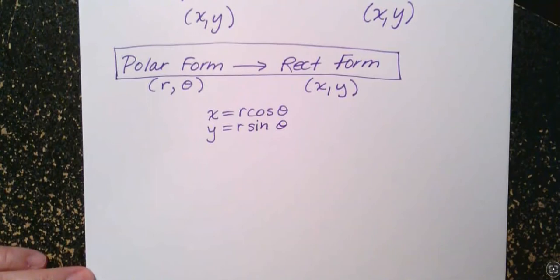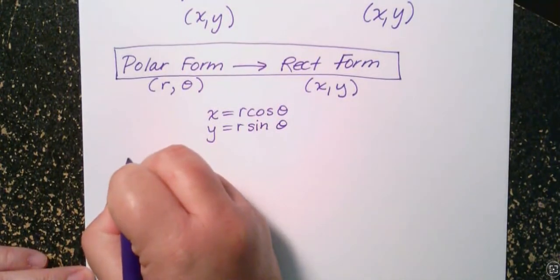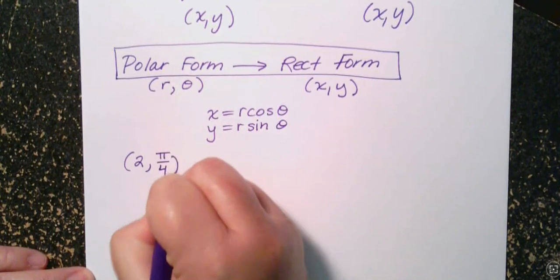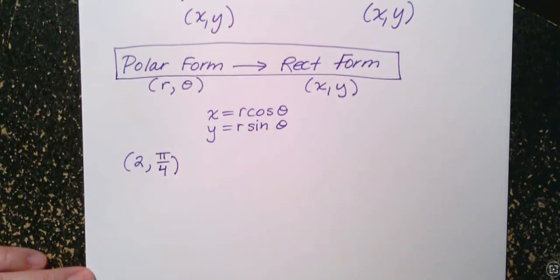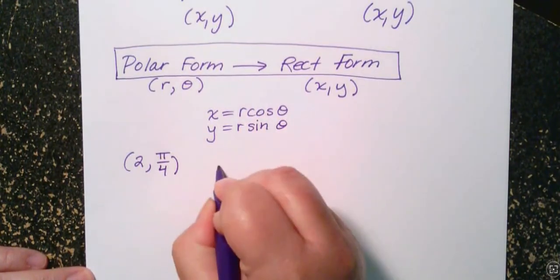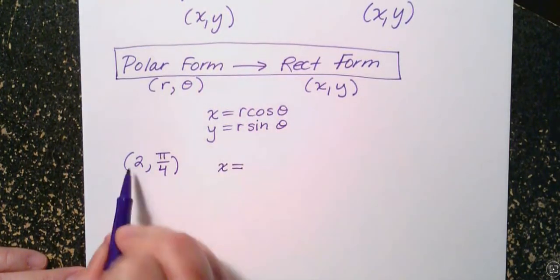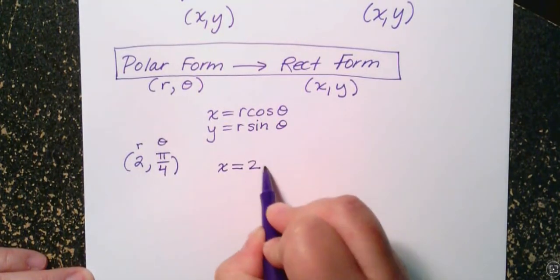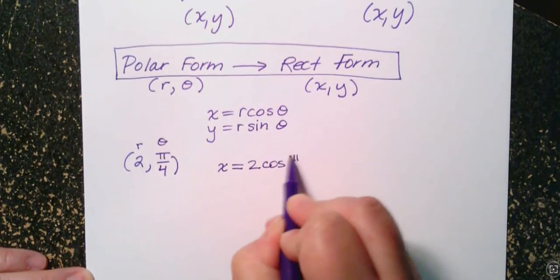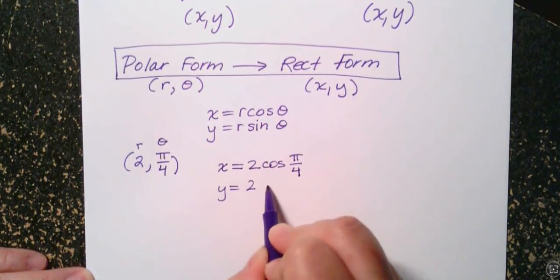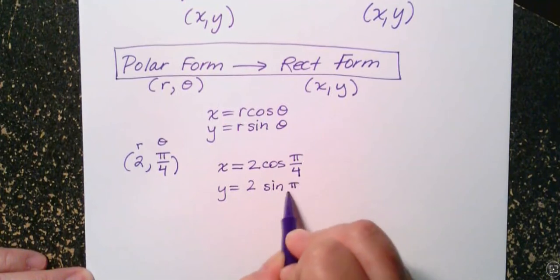Okay, so let's suppose I have the point (2, pi over 4), and I want to find the rectangular form of that particular point. So I'm going to say x is going to equal 2 times cosine of pi over 4, because this is r, remember, and this is my theta, and y is going to equal 2 times sine of pi over 4.